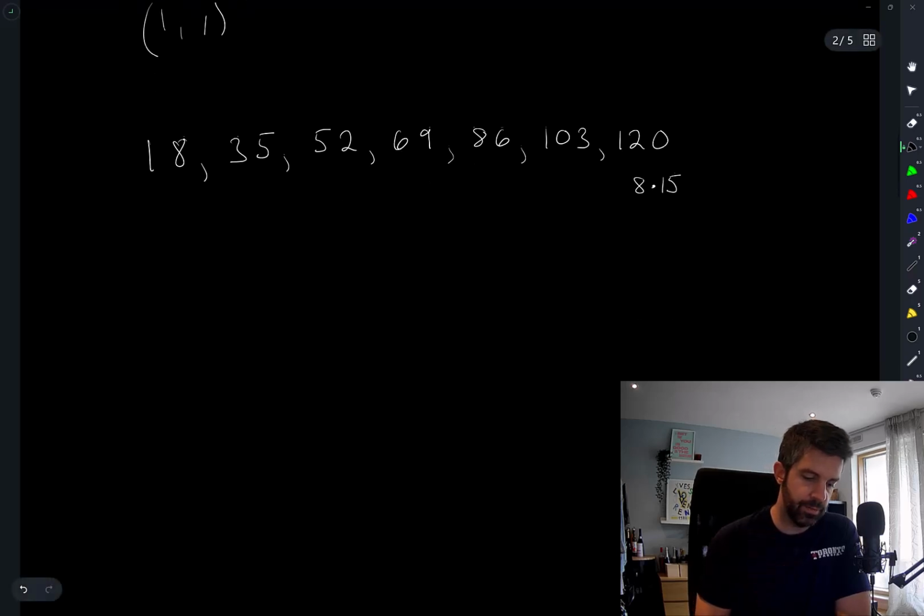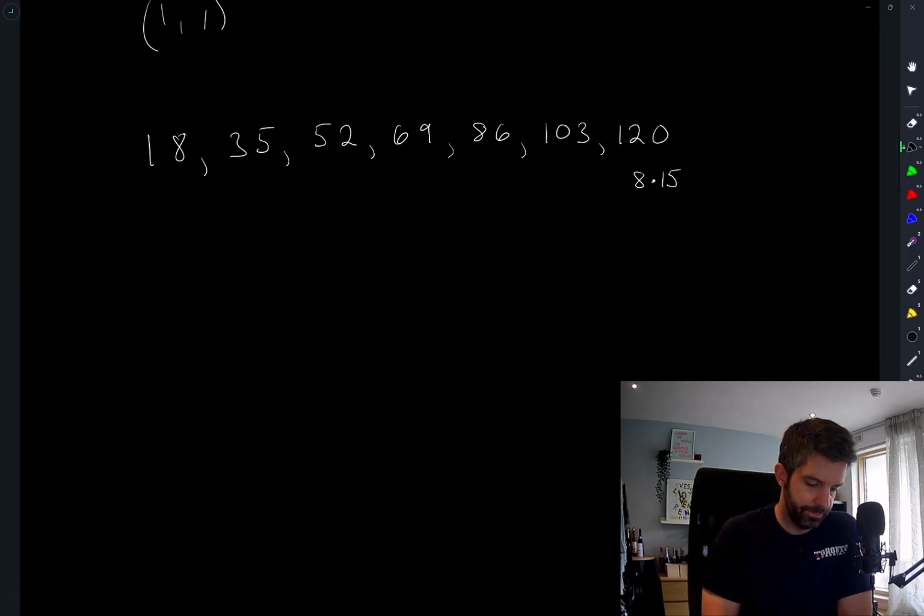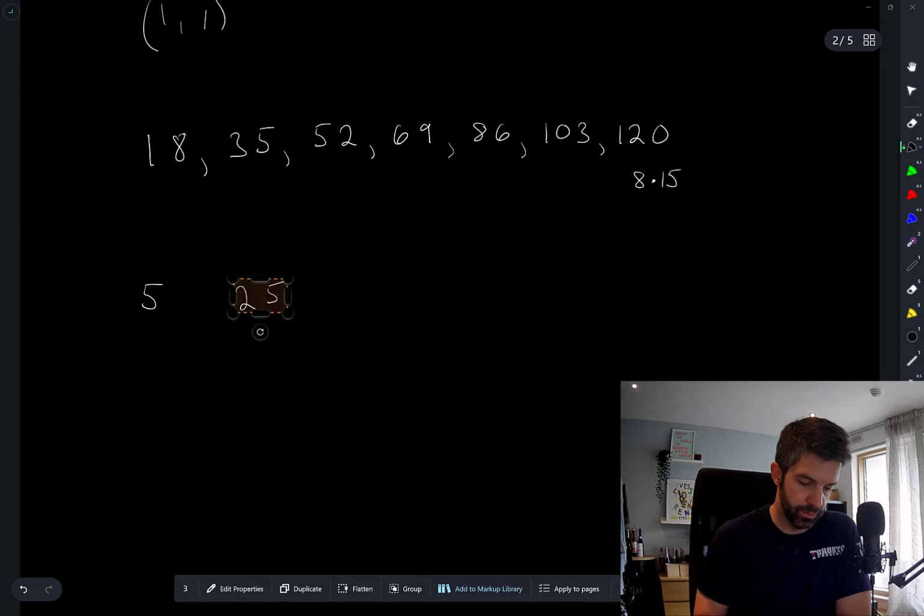I mean, if I take powers of 5, what is 25 mod 17? 8? Let's write it like this. No, the numbers will get too big too quickly.